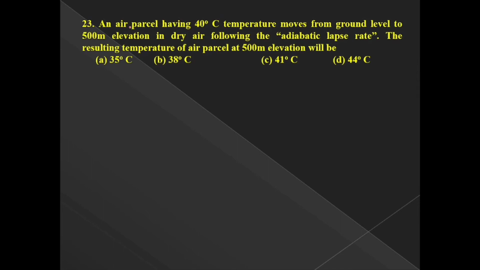So temperature at 500 meter elevation will be equal to 40 degree minus, because as the elevation increases temperature decreases, 9.8 degree centigrade per kilometer multiplied by 500, because we have to calculate the temperature at 500 meter elevation change, that is equal to 35 degree centigrade.